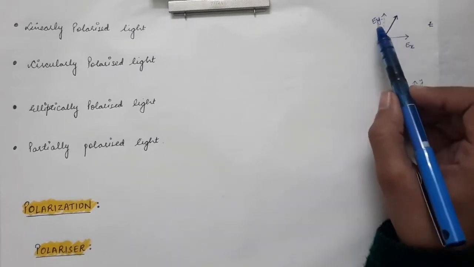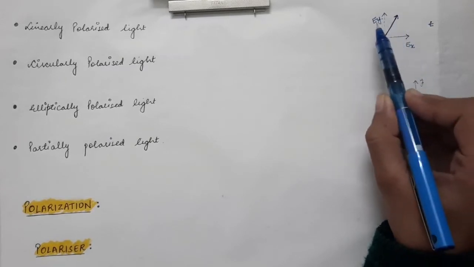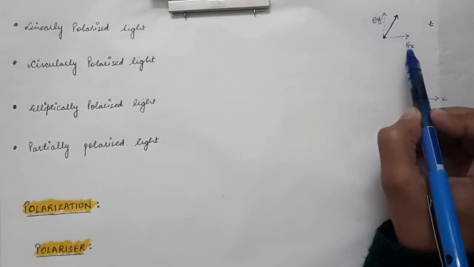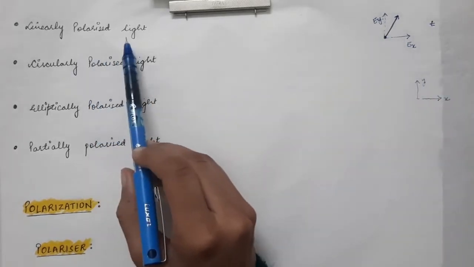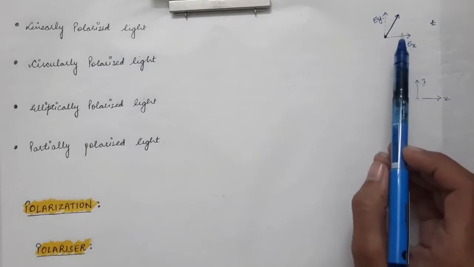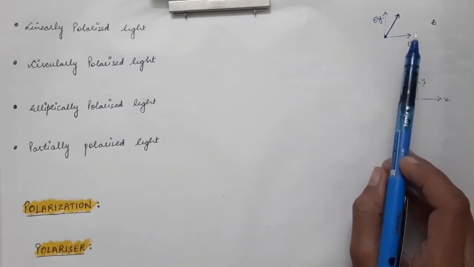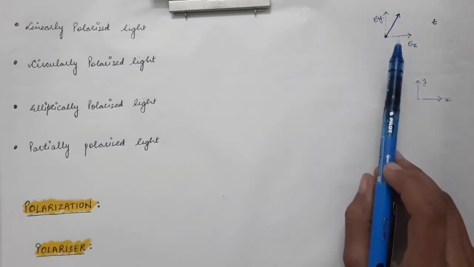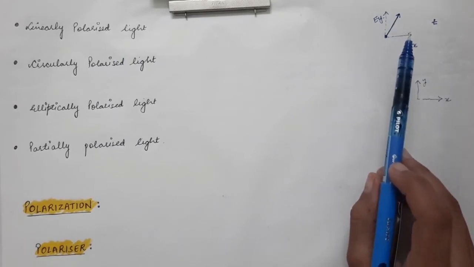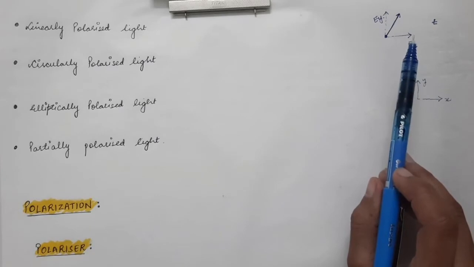Now the phase difference between these two electric fields will decide what type of polarized light we will get. Firstly, if the phase difference between Ex and Ey is not at all constant, it will give us unpolarized light.